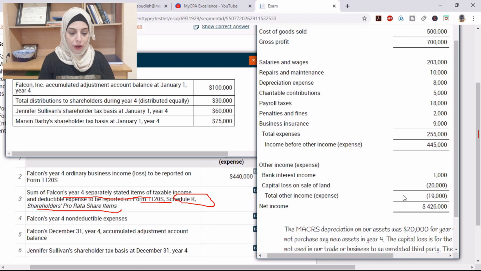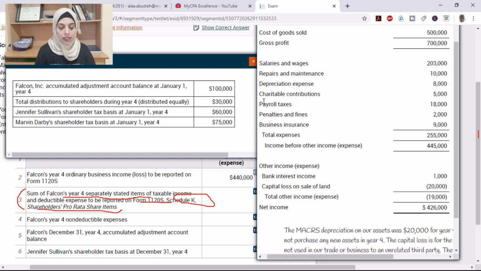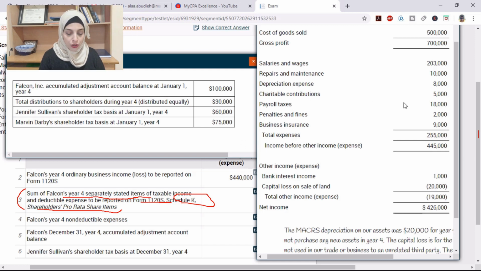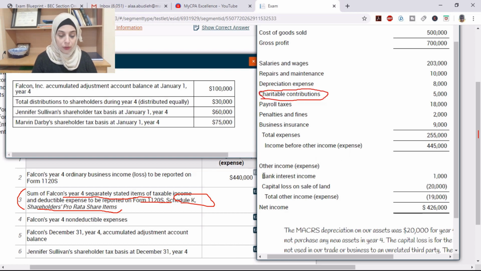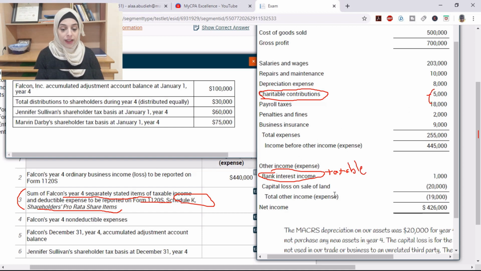So to compute the items reported in Schedule K, what goes into Schedule K are the charitable contributions, so we should deduct the charitable contributions. The taxable income is the bank interest income, which should go into Schedule K of Form 1120S, and we deduct from it the charitable contributions, which are deductible expenses in Schedule K, and deduct the capital loss on the sale of land.